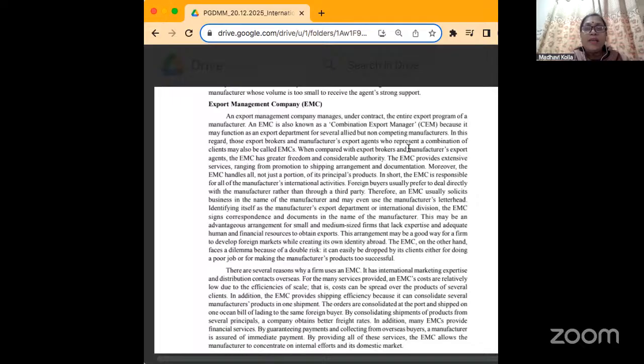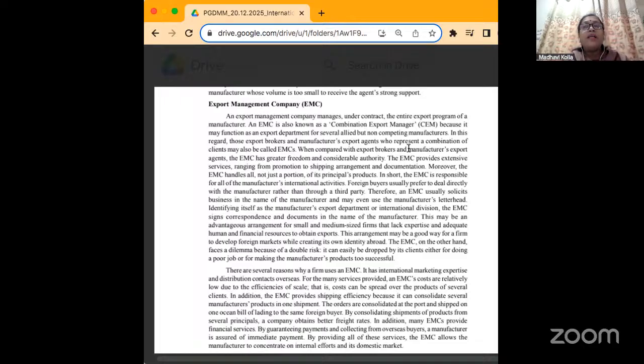So, an EMC also is known as a combination export manager. So, here the function is almost similar to that of an export department. However, it represents several allied but non competing manufacturers. This is a very interesting thing, and you need to consider the subtle variation here. We are saying they're allied but not competitive.